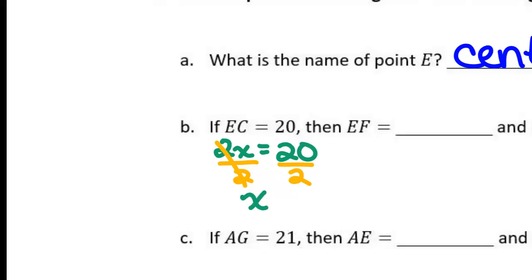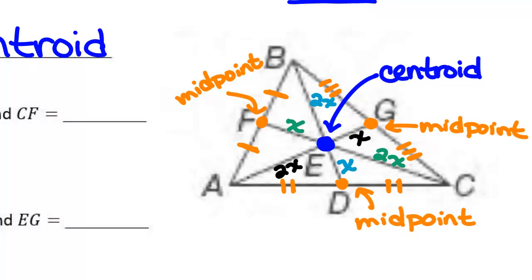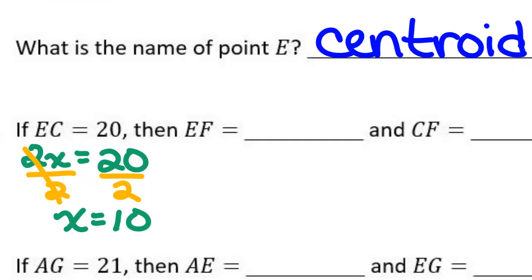X is 10. So how big is EF here? That is x, and we just said that x is 10. So this would be 10.